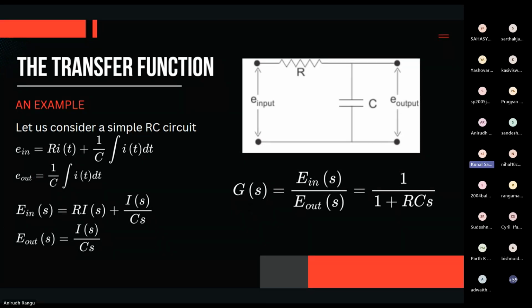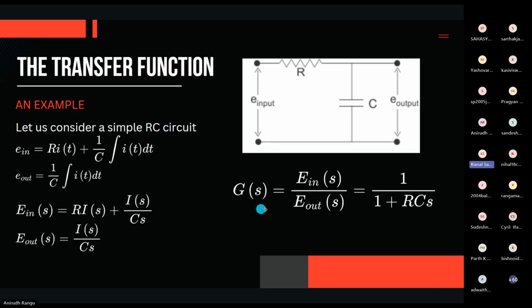And once again, going over the transfer function, how are we obtaining it? Here we are taking an RC circuit and our input voltage E input is applied. Our input is a function of time.